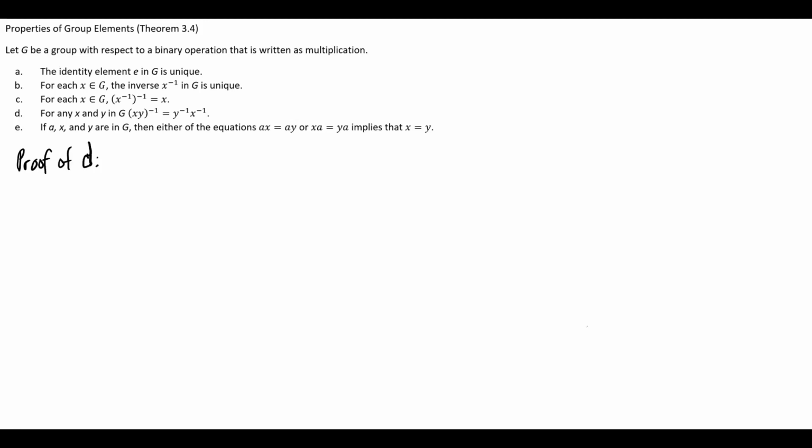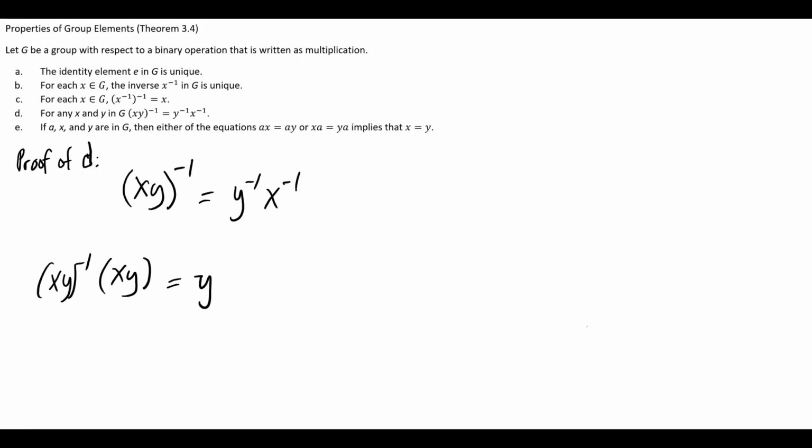Okay, so we just learned that the inverse of any element is unique. We learned that when we proved B. What this means is if the inverse of xy is equal to y inverse x inverse, and let's just assume it's true for now, then when I multiply xy on both sides, I know I have to get the identity element, because these are inverses.